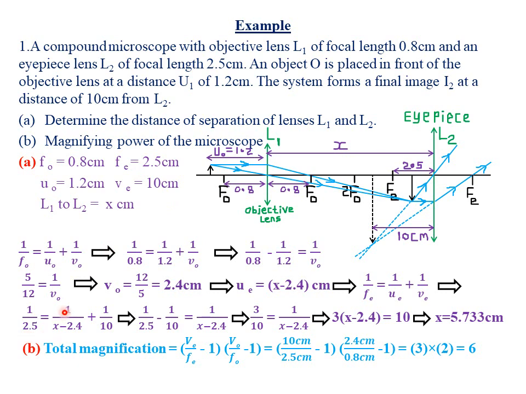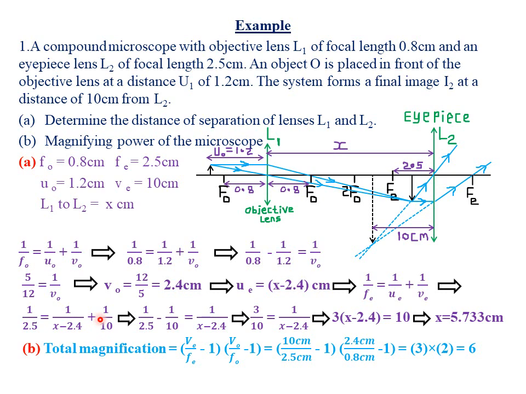Therefore, 1 over 2.5 must be equal to 1 over Ue, and we have stated the object distance of the eyepiece is x minus 2.4. So 1 over x minus 2.4, plus 1 over Ve, where Ve is the image distance of the eyepiece. The image distance we are given as 10 centimeters, so 1 over 10 centimeters.